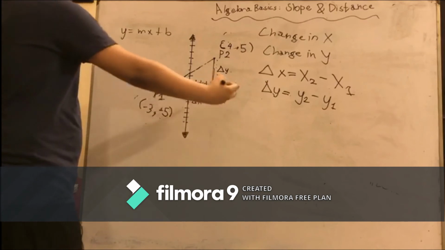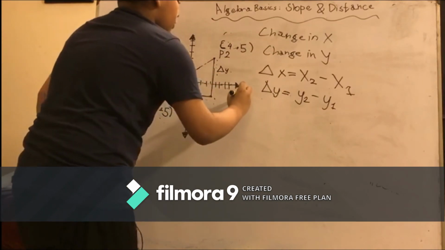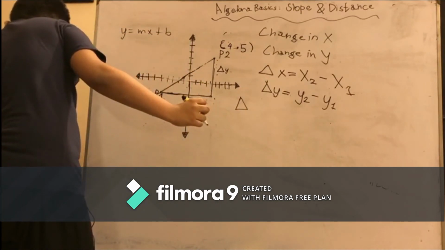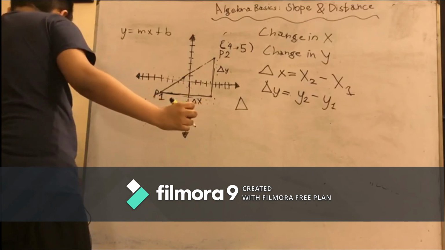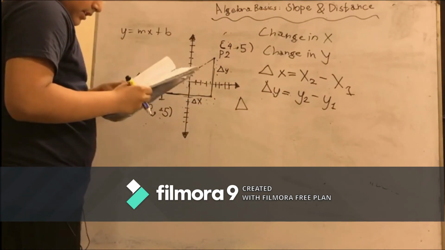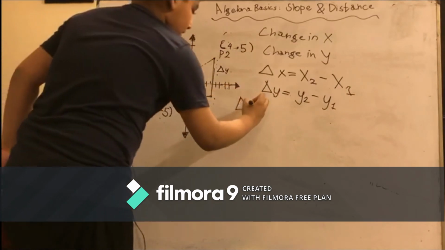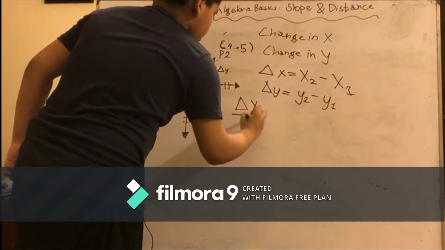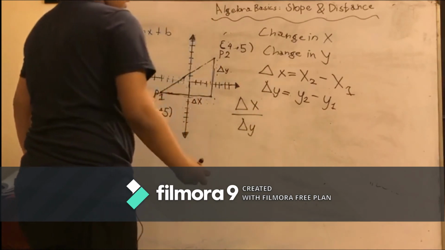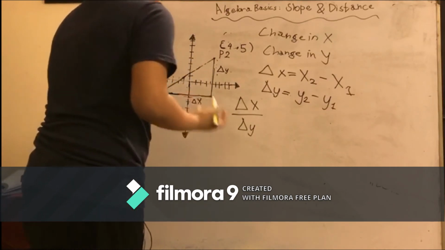So let's look at the slope. Actually, let me look at it first. I have this book here to show me the equation. It's change in y over change in x, or some people call it rise over run, or anything like that.